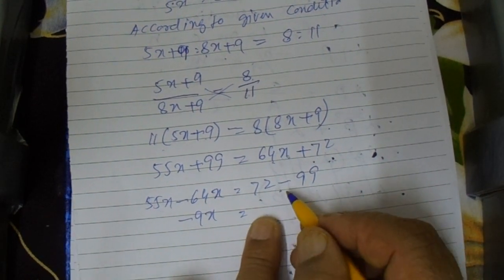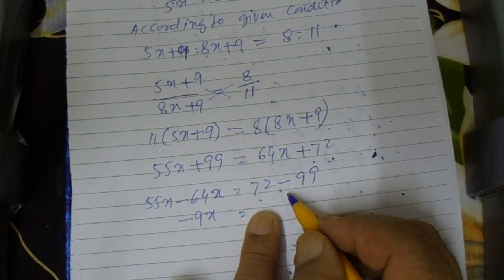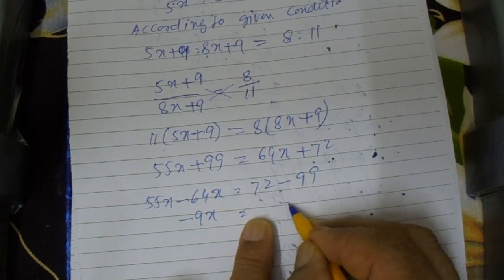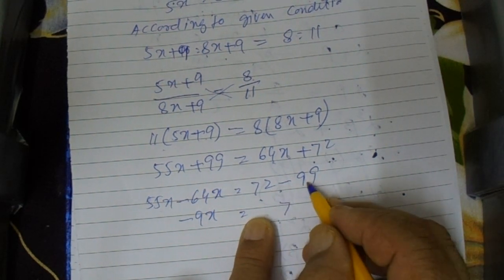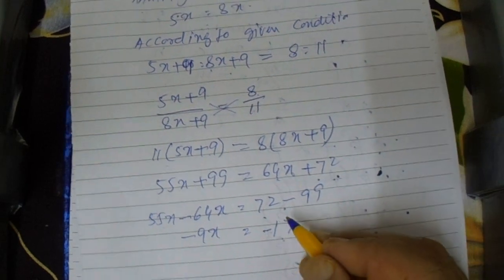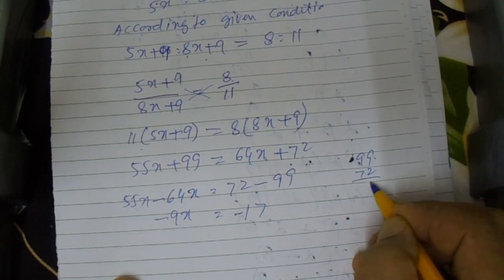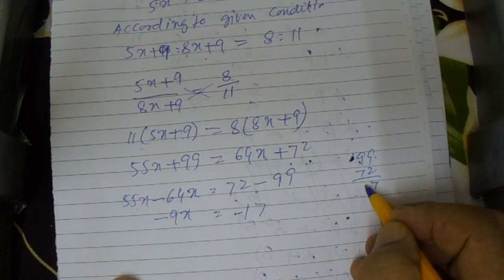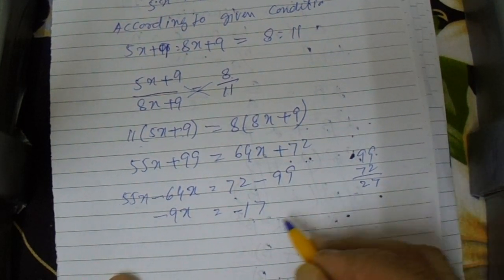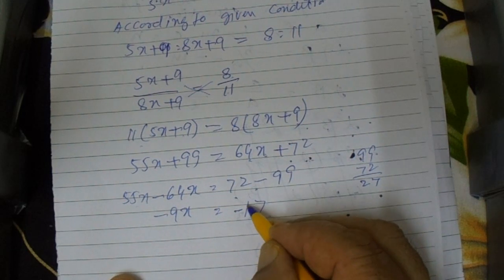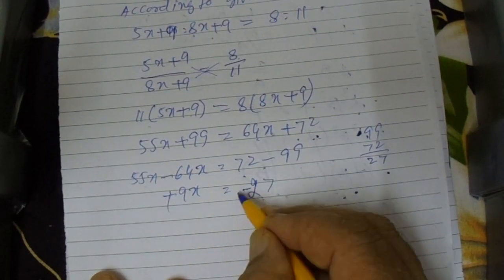Now 99 minus 72 is 27. Now this minus and minus cancel.